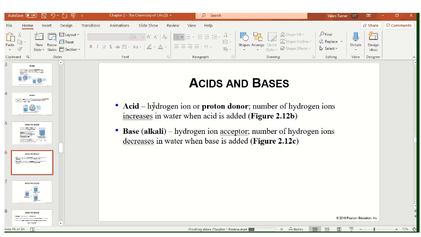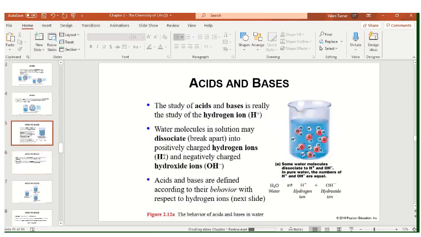While a base, sometimes called an alkaline substance or alkali substance, releases negatively charged hydroxide ions. Those negatively charged hydroxide ions love to bind to positively charged hydrogen ions. Why? What do you get when you combine 1 oxygen with 2 hydrogens? You get water.